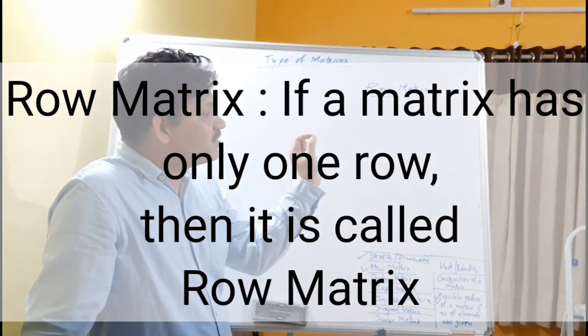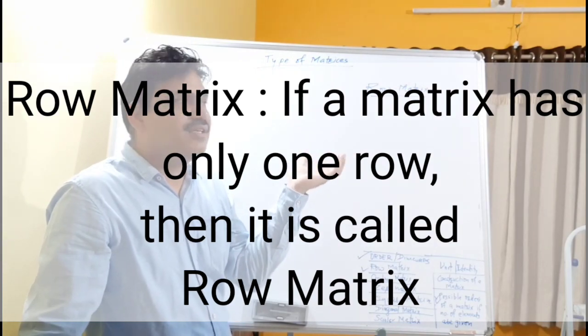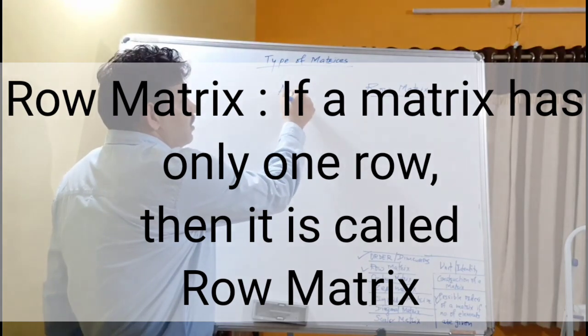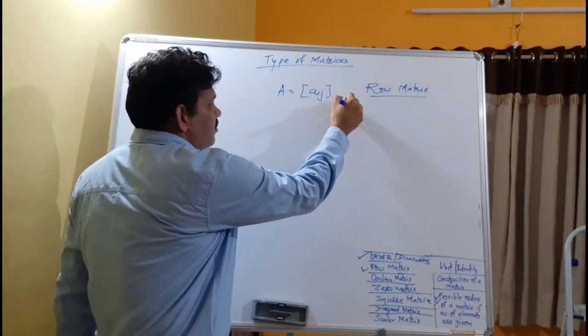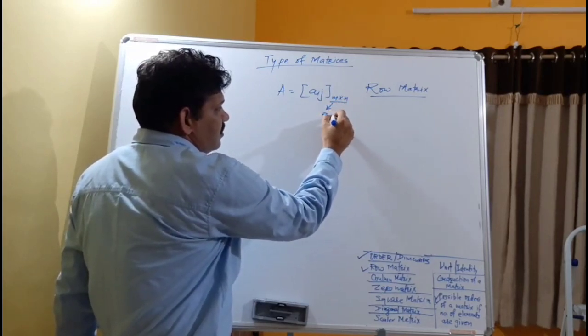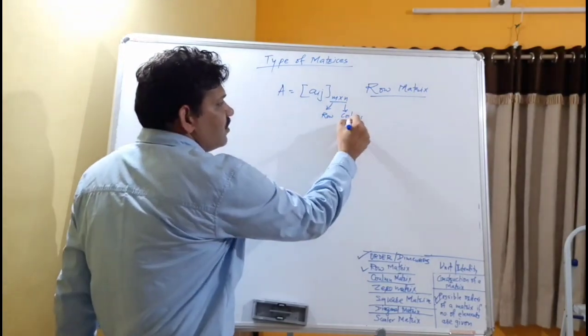If the rectangular arrangement is in such a way that there is only one row, that is, if I write a matrix symbolically, its order is m by n, where m shows the number of rows and n shows the number of columns.